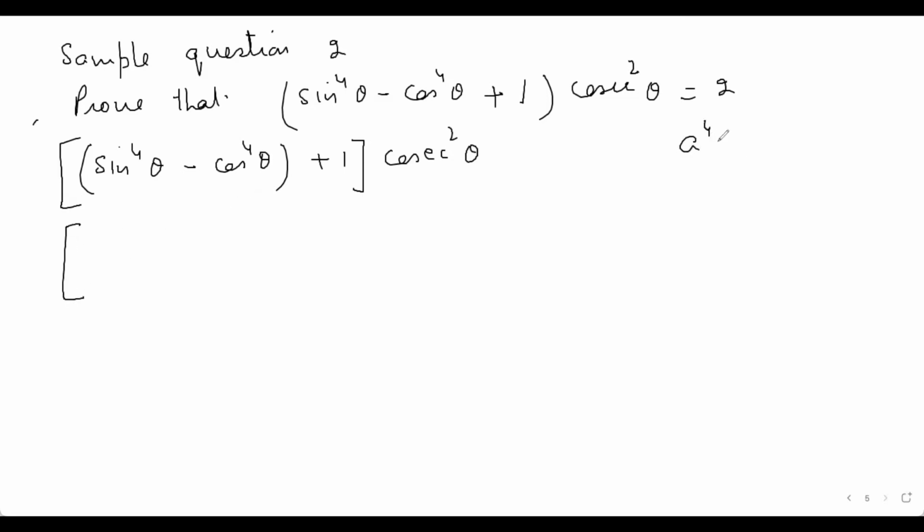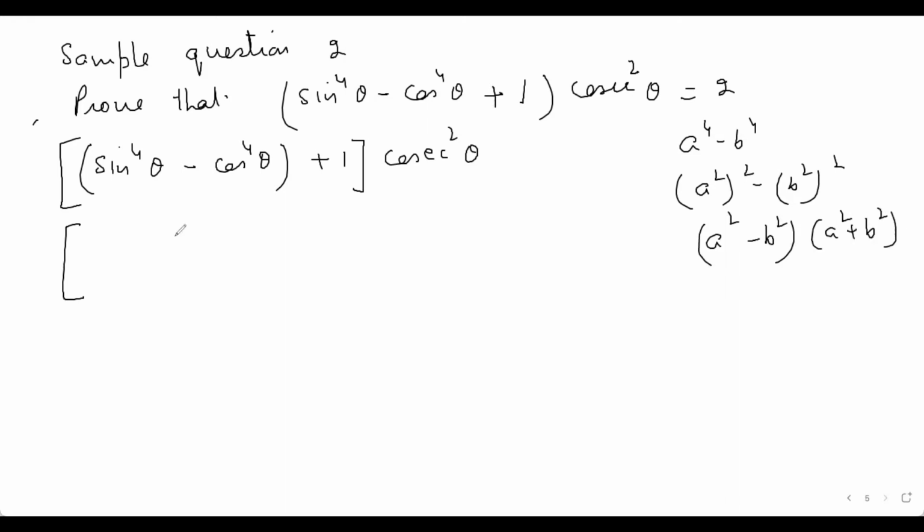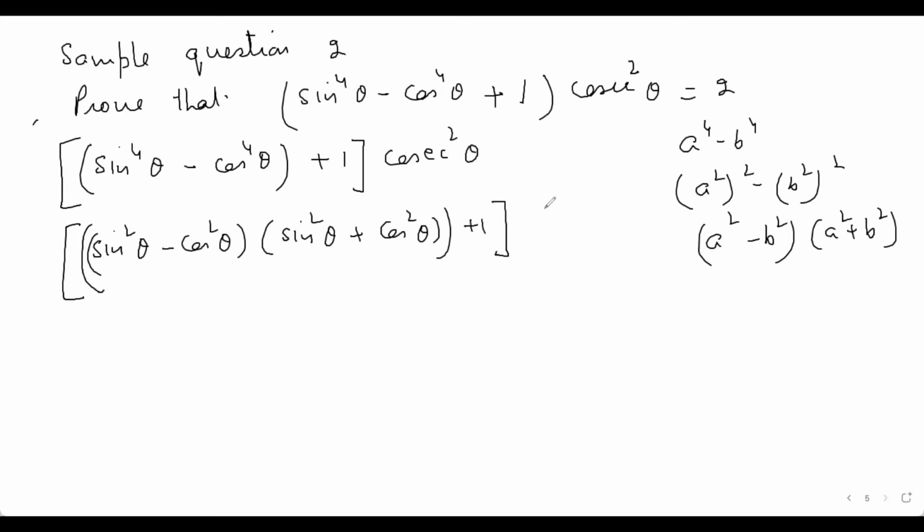Now a⁴ − b⁴ is equal to (a²)² − (b²)². This is equal to (a² − b²)(a² + b²). So this is equal to (sin²θ − cos²θ)(sin²θ + cos²θ), and let it be in bracket plus 1, and then close bracket, cosec²θ. Now this is 1.